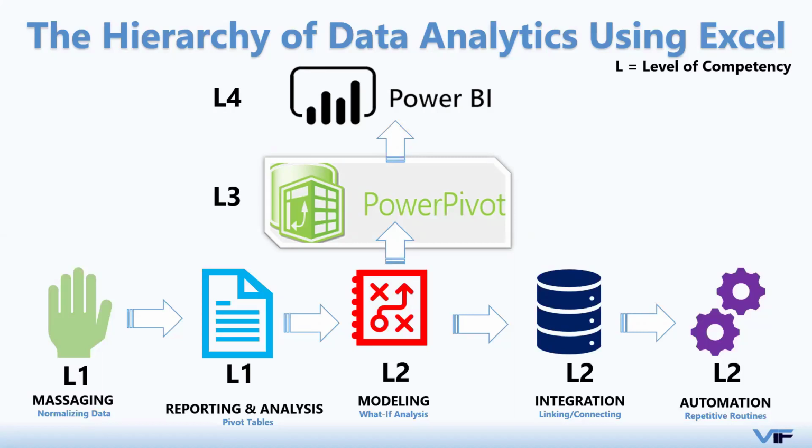Then we move on to level 2 in Excel, which has to do with modeling, integration, and automation. Modeling has to do with what-if analysis, where you can do business what-if and scenario analysis. Then integration means linking Excel with external sources.